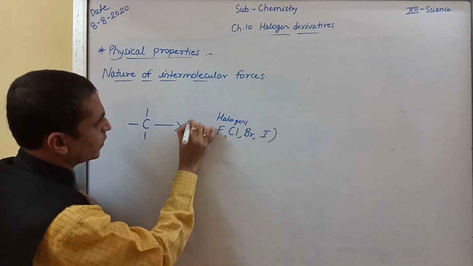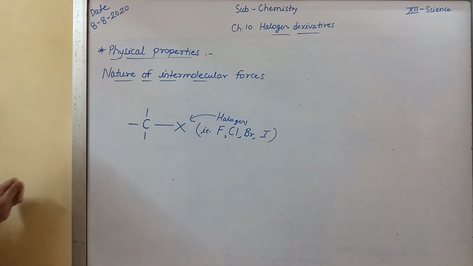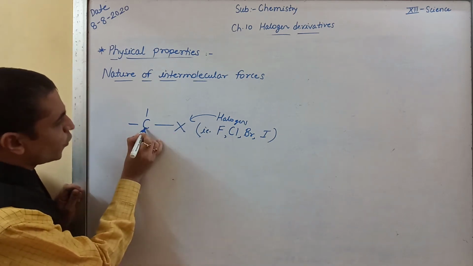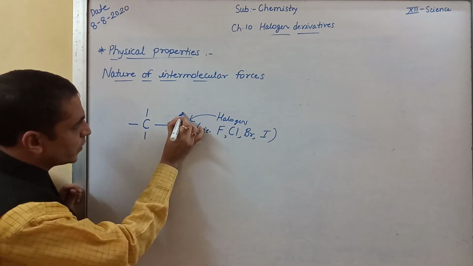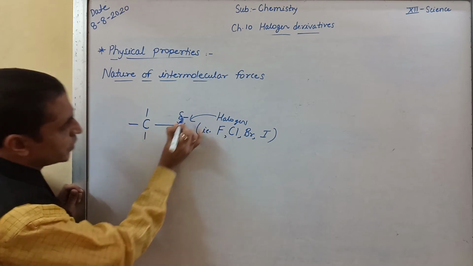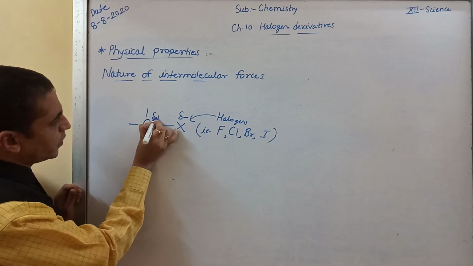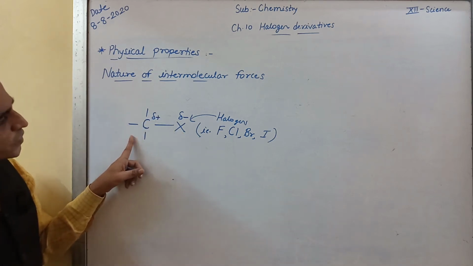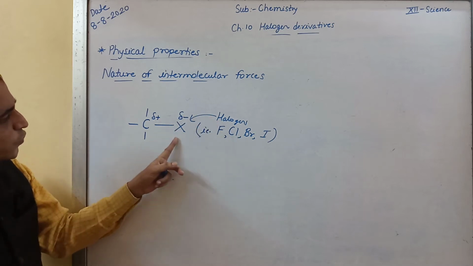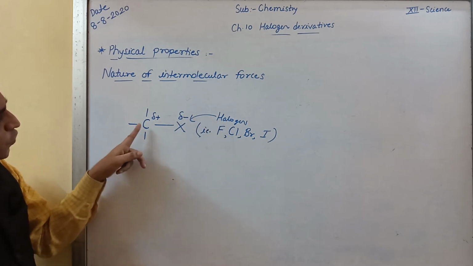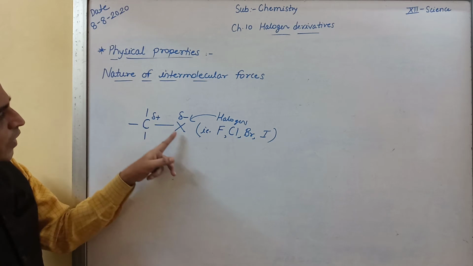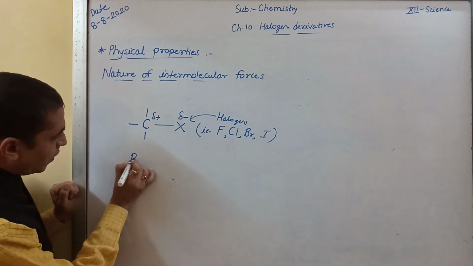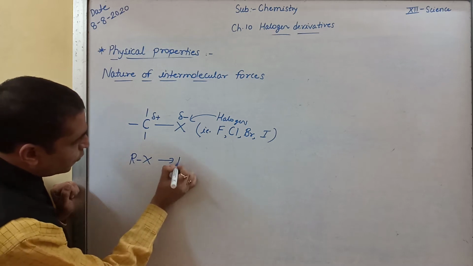They are shown by X. Halogens are more electronegative than carbon, and therefore this halogen acquires partial negative charge and carbon acquires partial positive charge. You know the reason, that halogens are more electronegative than carbon. So carbon acquires partial positive charge and halogen acquires partial negative charge. And due to this reason, alkyl halides are polar in nature.